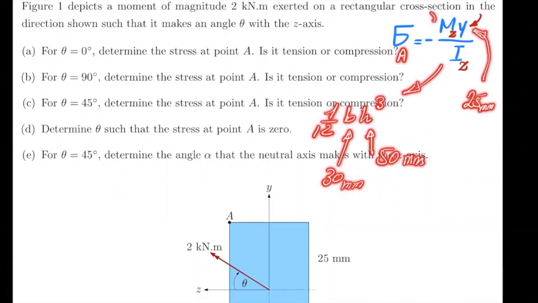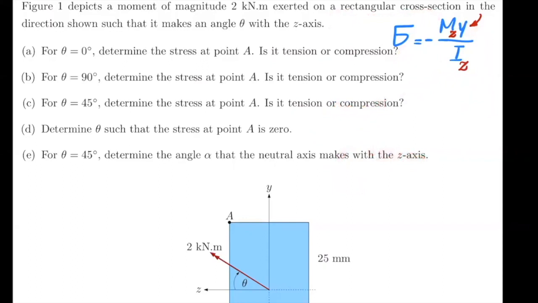And the moment is just 2 kilonewton meters. So you insert all of that, and then your stress at point A would be 160 megapascal, and that is compression.